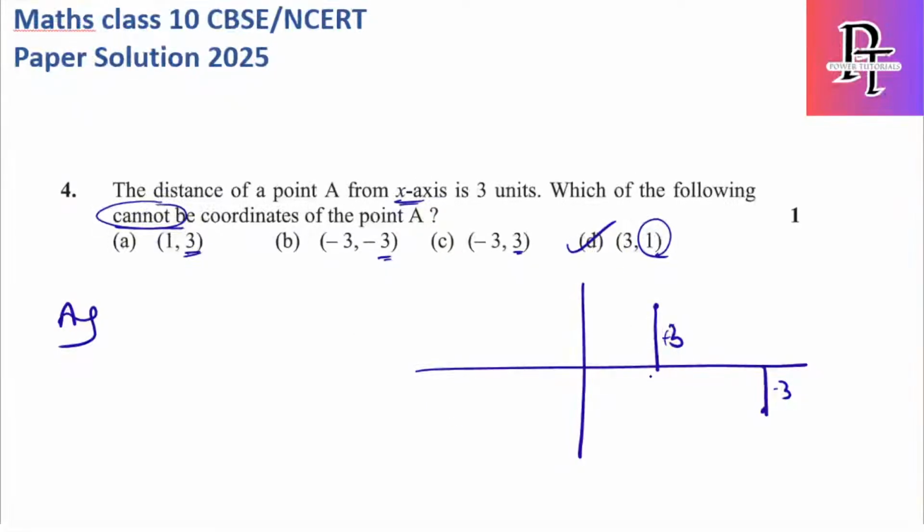So this 3 comma 1 will lie somewhere. If I say 1 2 3 is the axis, then somewhere here the point is present, which is 3 comma 1, where this distance is 1. The distance from x-axis is nothing but the y coordinate. Here the distance of y is 1, so this cannot be at a distance of 3 units from x-axis.